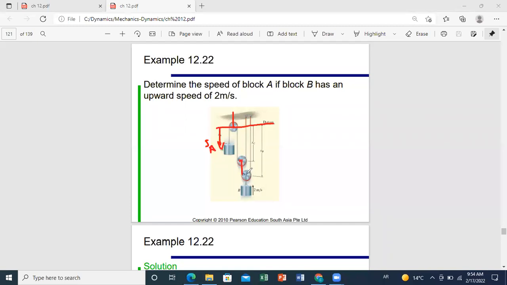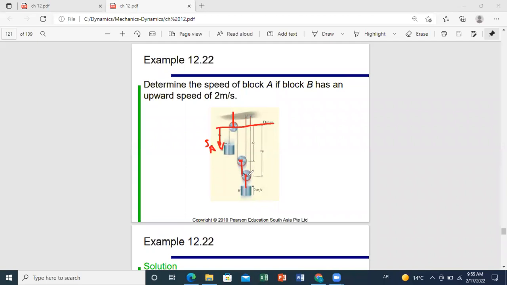Why is D translating? Because this point is attached to a moving block. So both pulleys C and D have centers undergoing translation. So I need a coordinate of position for pulley C, and I need a coordinate of position for pulley D.